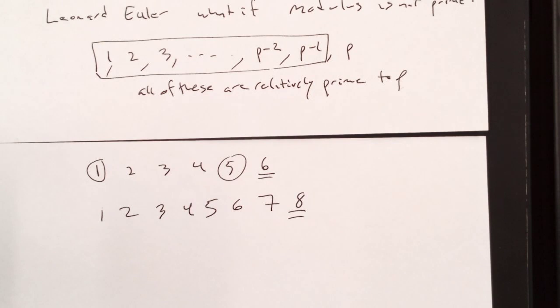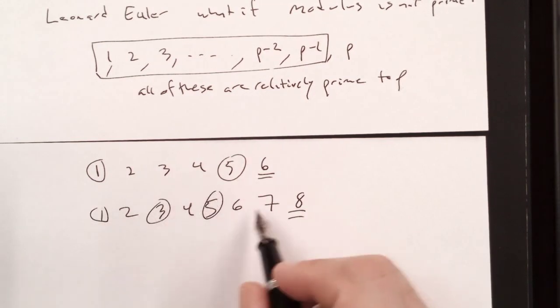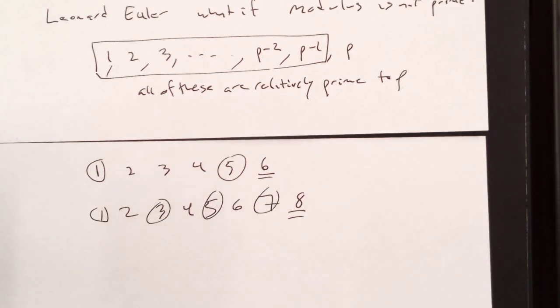Same question. Which numbers are relatively prime to 8? Right? Greatest common divisor of all the rest of them is 2.